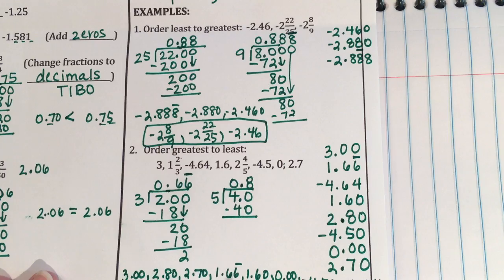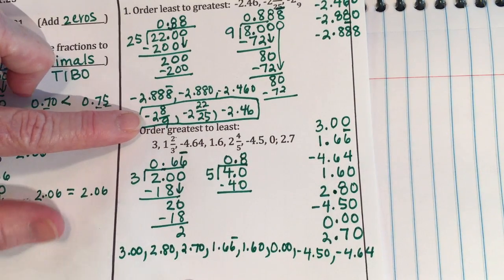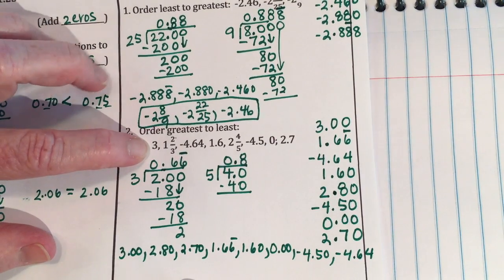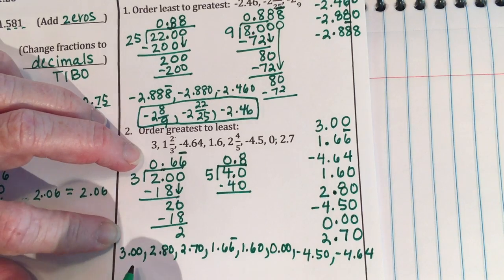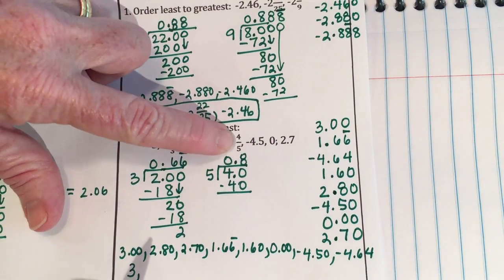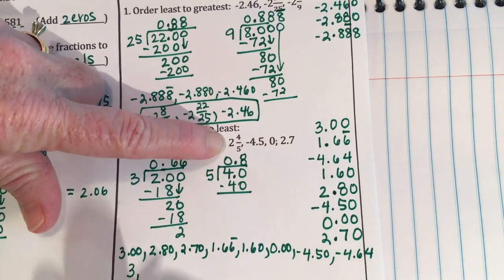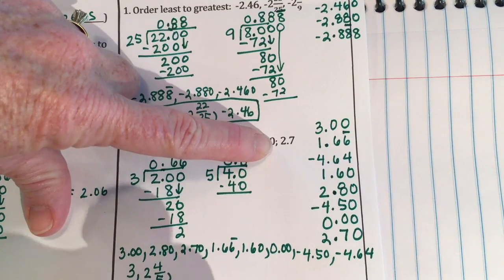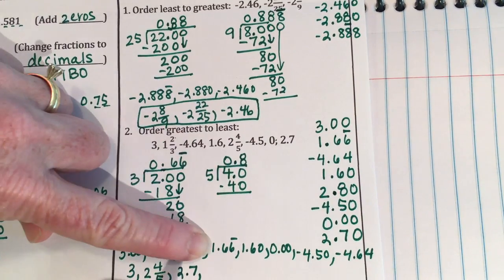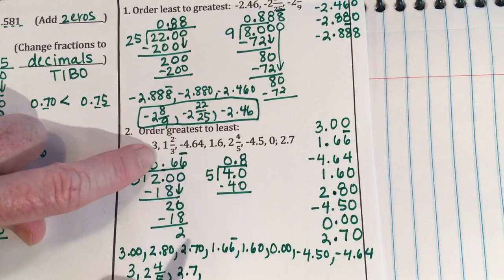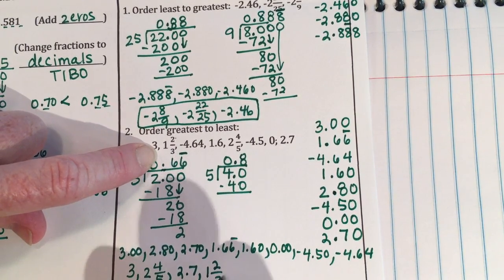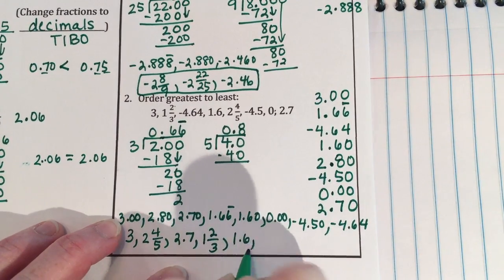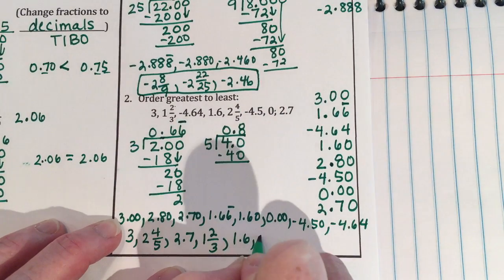All right, so this is in the correct order, but it's not in the same form that it started with up here. So what I want to do now is replace the numbers with what they started with originally. So 3.00 was really just a 3. 2.8 started as 2 4/5. 2.70 was just 2.7. 1.6 repeating was 1 2/3. 1.60 was just 1.6. 0.00 was really just a 0.